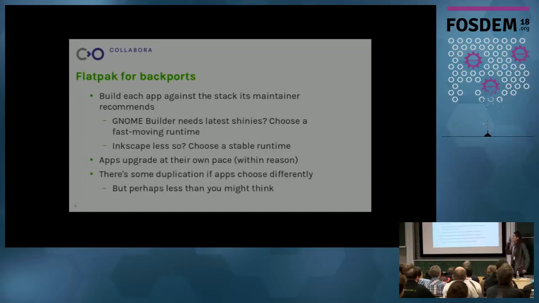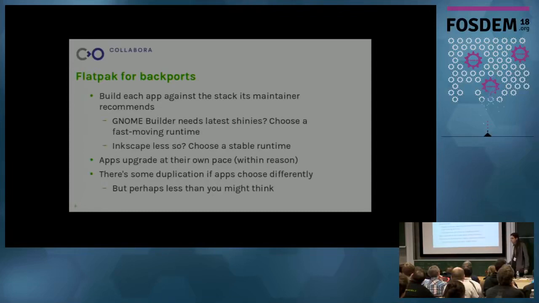So the reason I was originally interested in Flatpak is to be a better backports, because backports, as currently done in distros, have this problem where you have to make a choice. But if you can build each app, each game, each leaf package against a stack that its maintainer is happy with, not necessarily the same one even, then you don't have to make this choice.